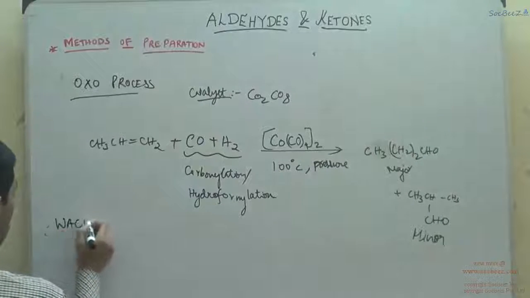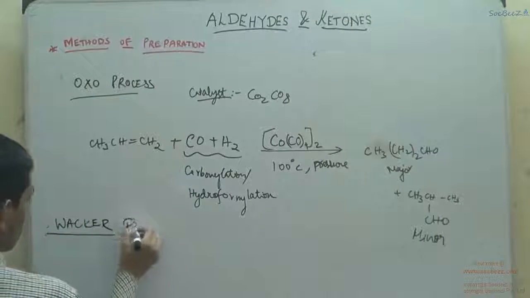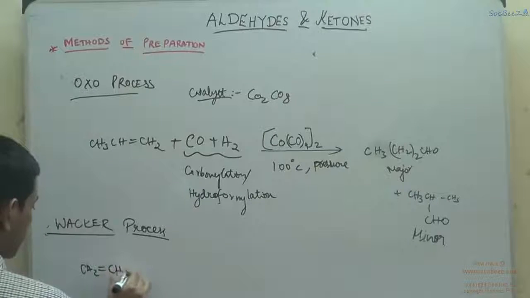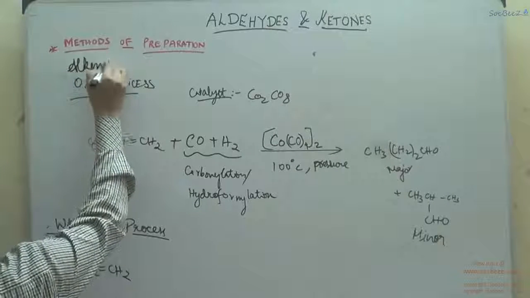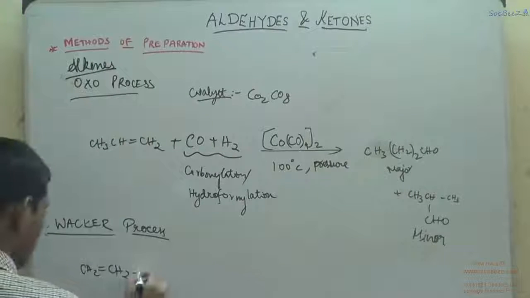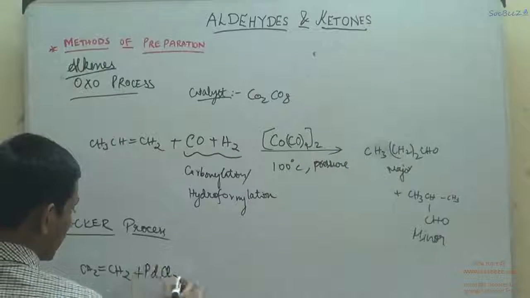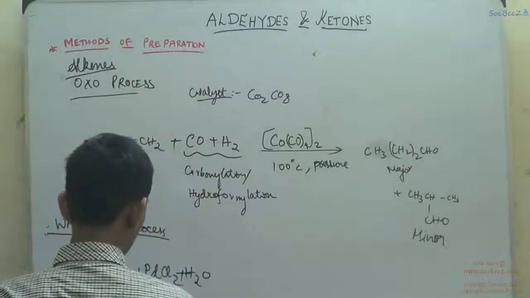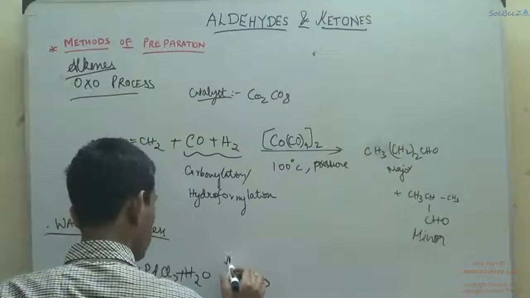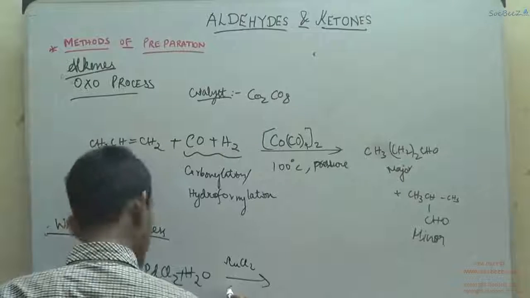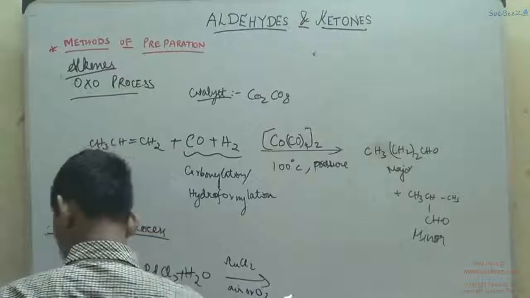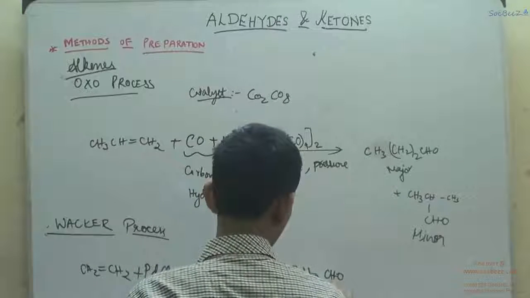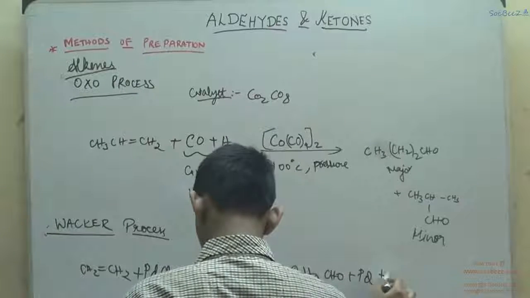What about the Wacker process? Let me take ethene. Okay, these are basically from alkenes we are studying. Plus PdCl2, palladium chloride, in presence of water. This is my catalyst, and I use CuCl2 as co-catalyst in the presence of air or oxygen. You will get aldehyde plus palladium plus HCl.